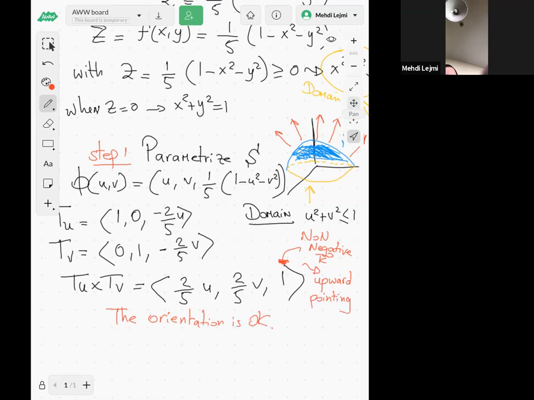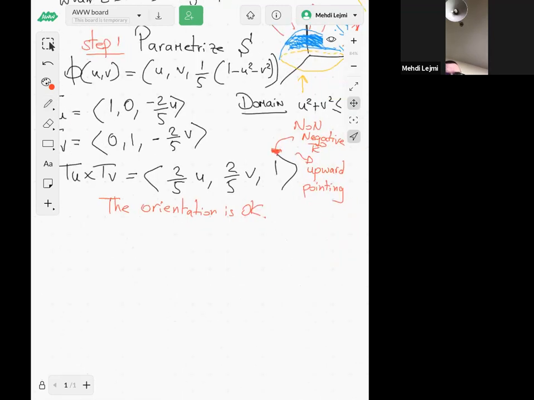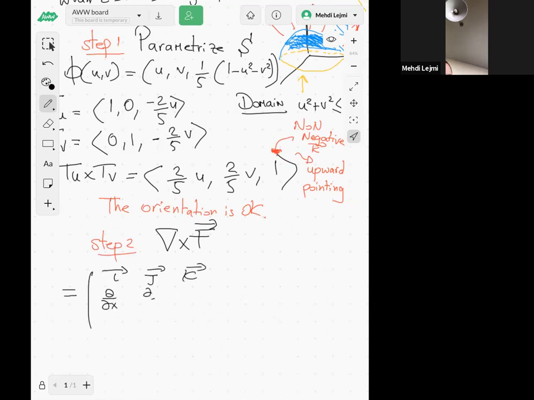All right, now in the second step I need to compute the curl of F. I don't have the answer, so I have to do it very quickly. Portion X, portion Y, portion Z. What's the vector field F? It's xz, yz, and then x squared plus y squared.